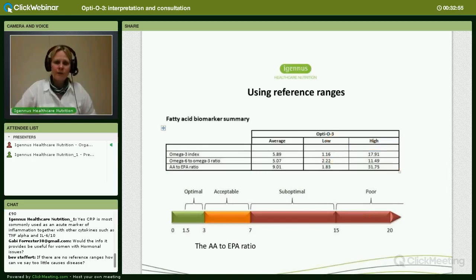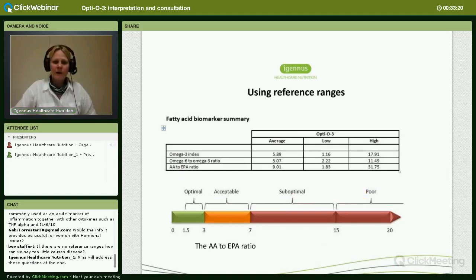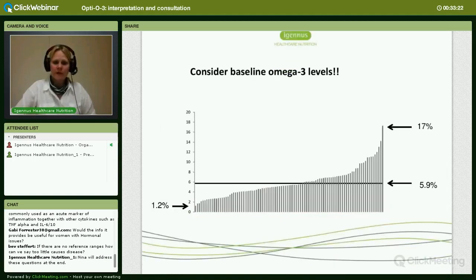Our lowest is 1.83, so we are finding that some people are fitting into this optimal range, and our highest is off the scale here at 31.75. So again, there's this huge variability in the results, but putting them into our biomarker diagram here, we start to be able to get a clearer idea of where we are and what we should be doing. Okay.